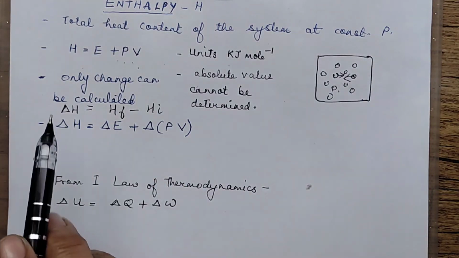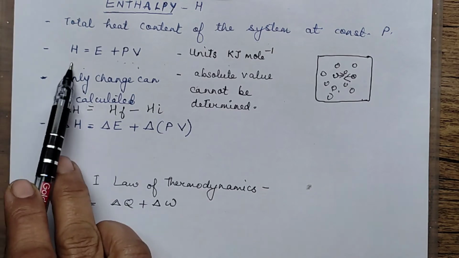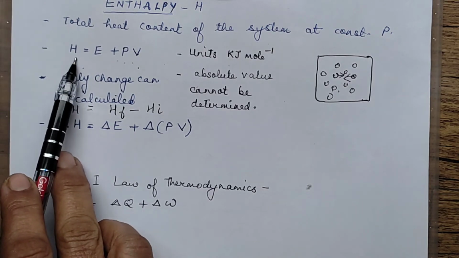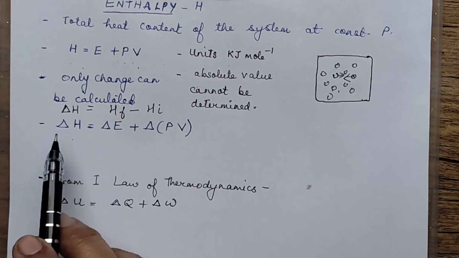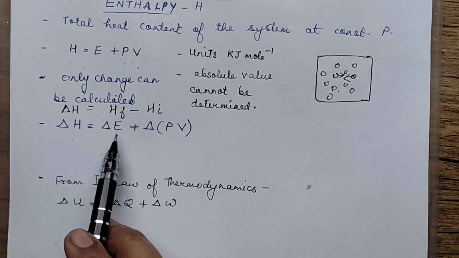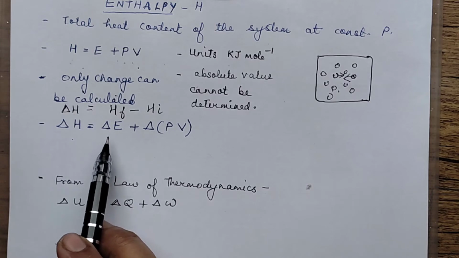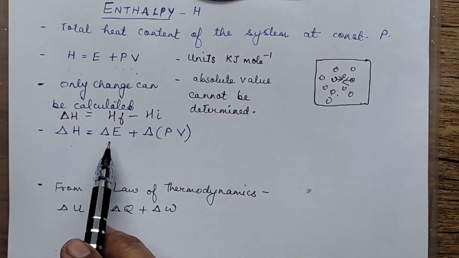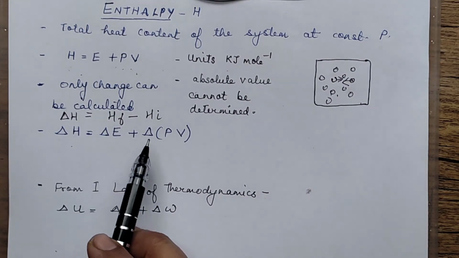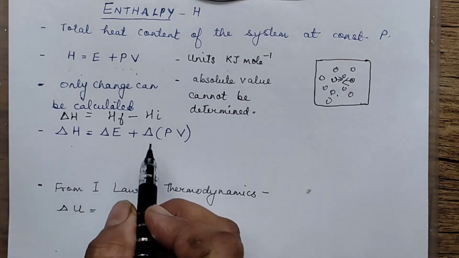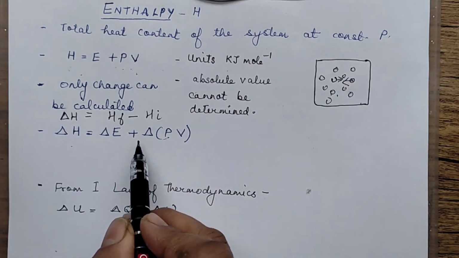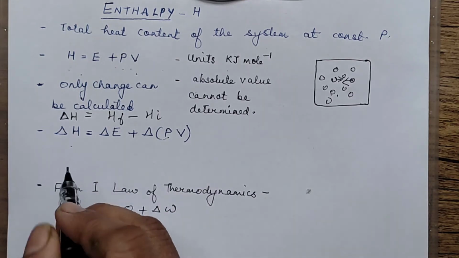If we apply that change to the formula H is equal to E plus PV, we can write delta H is equal to delta E, or delta U also is fine, since internal energy can also be written as delta U, plus delta PV. Now we can open this bracket and write one case where the pressure is kept constant, and another case where the volume is kept constant.